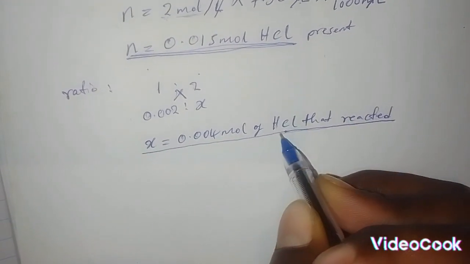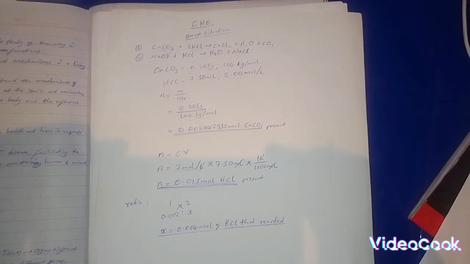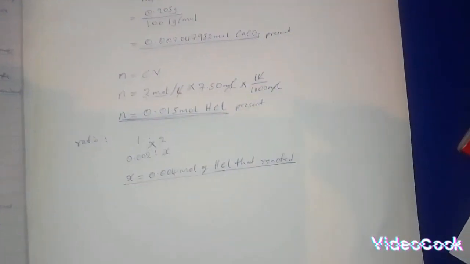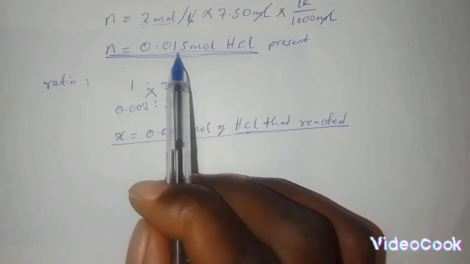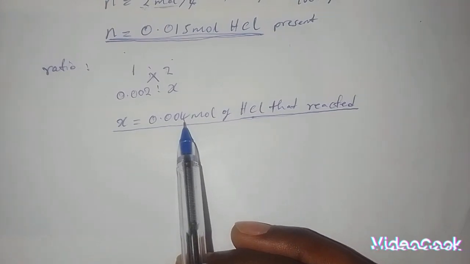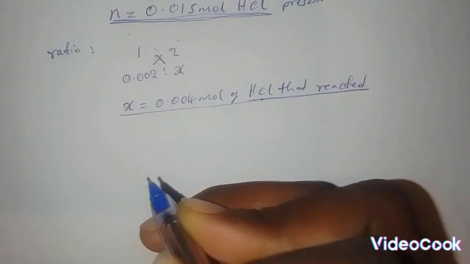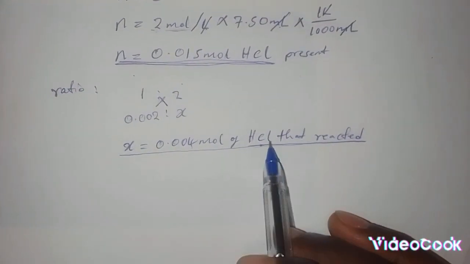Then after seeing that, we have to know the number of moles which was in excess. But how are we going to know that? Simple. We will just say, since there was a presence of 0.015 moles of hydrochloric acid and only 0.004 moles reacted, then for us to know the excess, we will say present minus reacted.